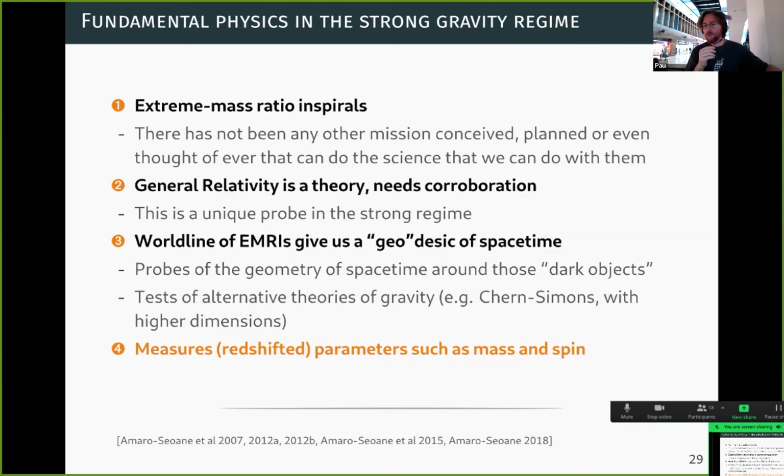Actually, these numbers can go down by a lot, but I don't want to talk about that. And the most interesting thing is that these measurements are a direct reading. And please pay attention to my words. These are a direct reading. You don't need to do any modeling. The only thing that you are assuming here is that general relativity is correct.